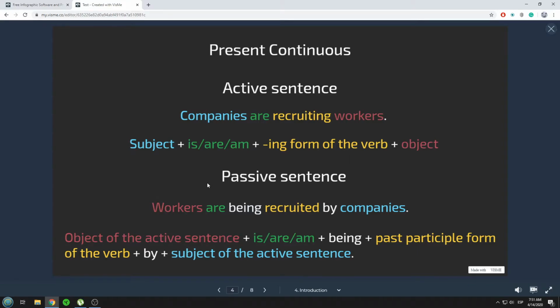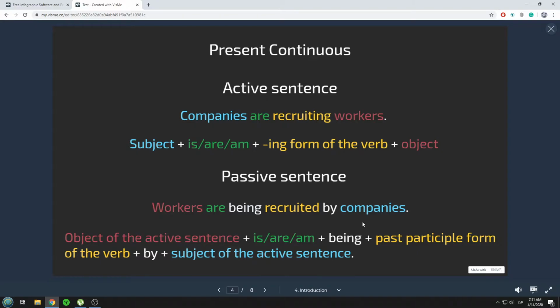Then we put the verb to be: workers are, being, recruited. This is the past participle form of the verb. By indicates who or what did the thing.